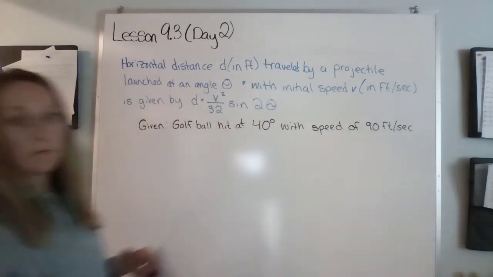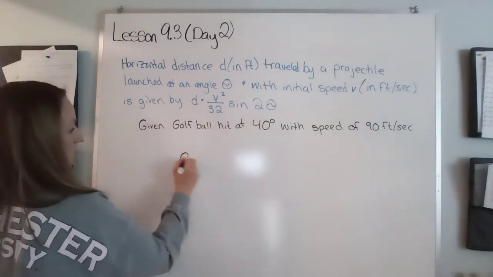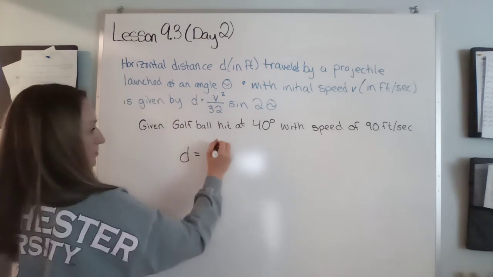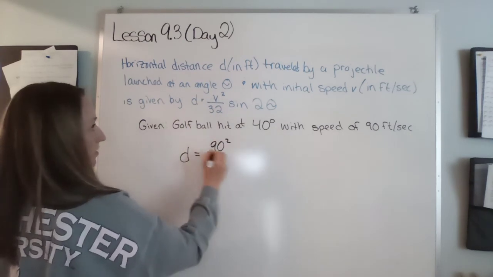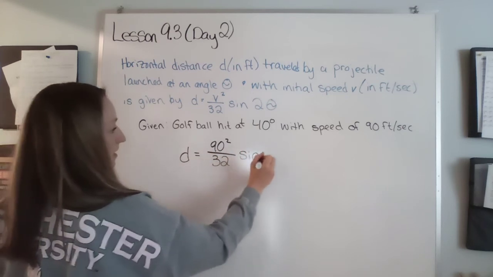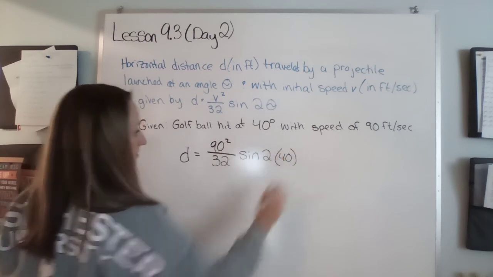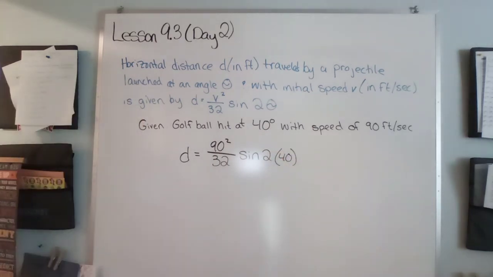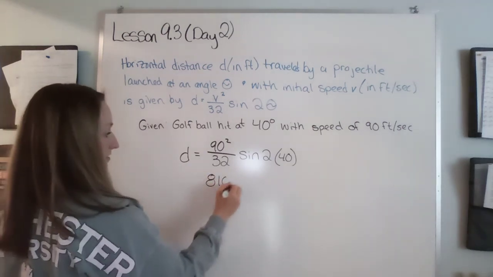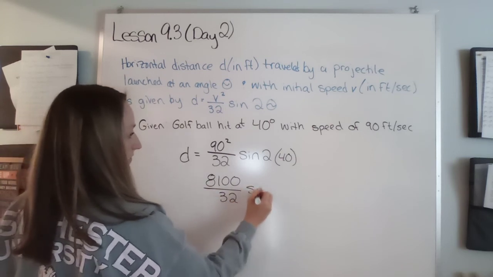Alright, so it's just a matter of plugging that information into the given formula. So the horizontal distance is equal to the initial speed, which is 90 feet per second, squared, over 32 times sine of 2 times theta, which is your degree of 40. So you're going to have 8,100 over 32 sine of 80.